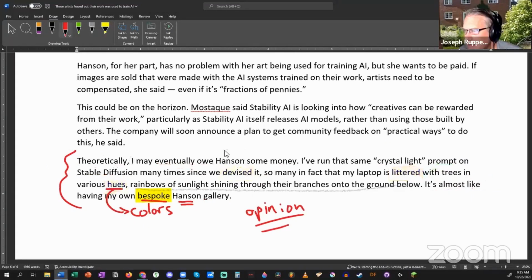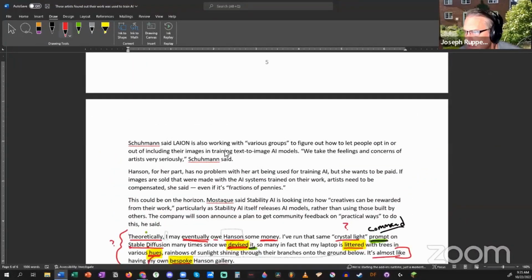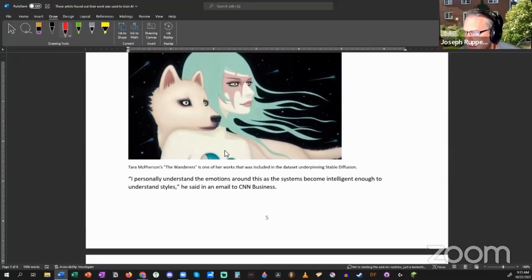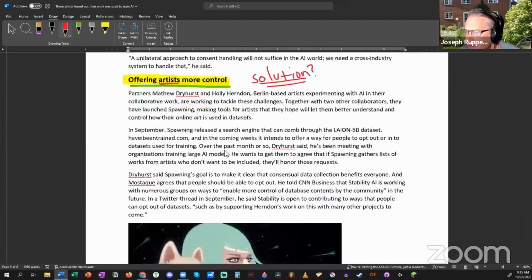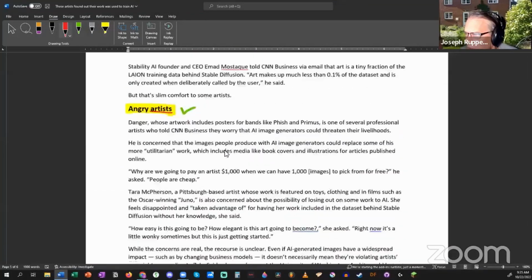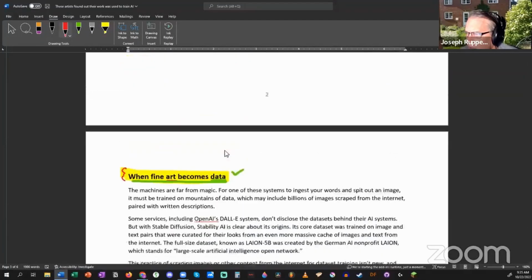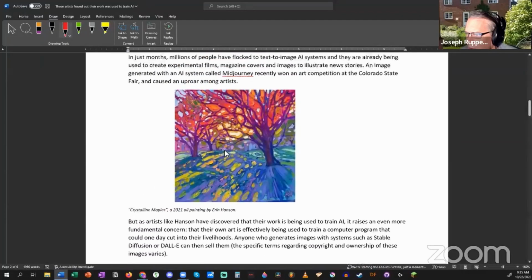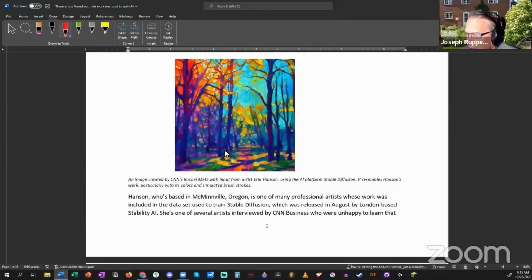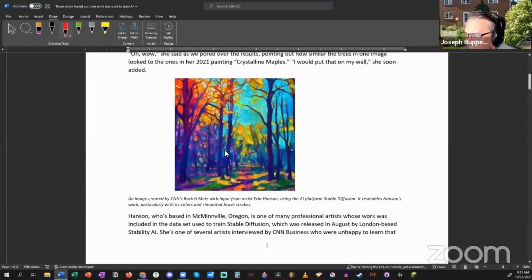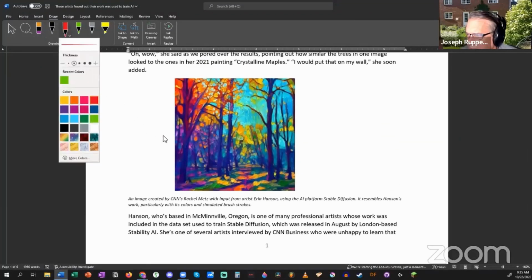I guess what I'd like to do next is talk about these images. There are four images, four pictures. Are they all AI, or are we comparing them? Let's take a look at these pictures then.